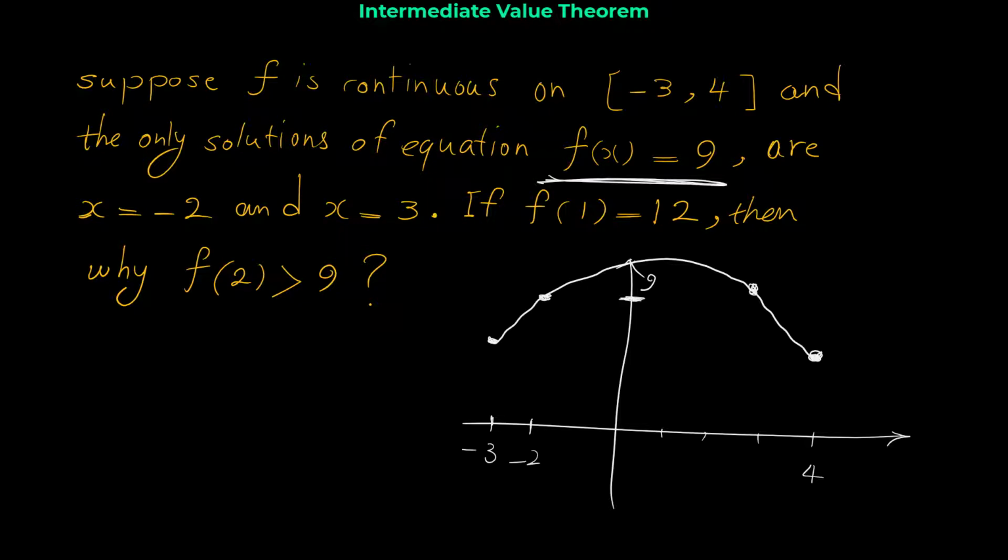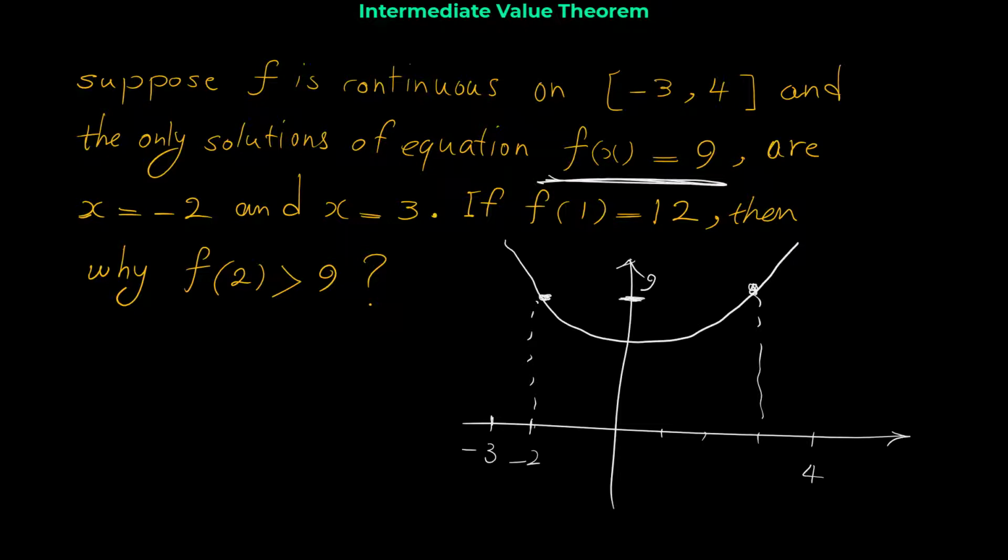The other way that you can graph your function can be something like this. Let me show you. This function also satisfies this condition. f of x equals 9 only at 3 and at -2 and no other points, as you can see.